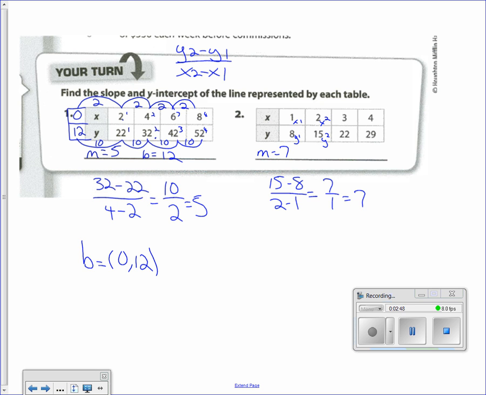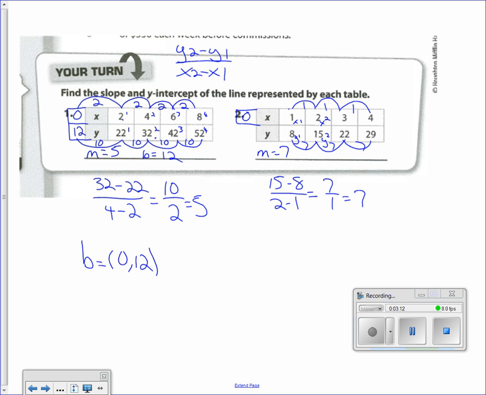And now I'm going to find the change in x and the change in y. 1 to 2 is 1, 2 to 3 is 1, 3 to 4 is 1. Now from 8 to 15 is 7, 15 to 22 is 7, and 22 to 29 is 7. So to get to 0, it's only one.